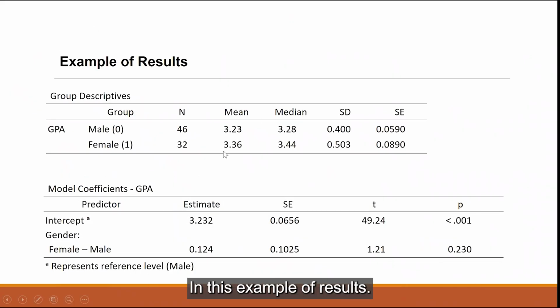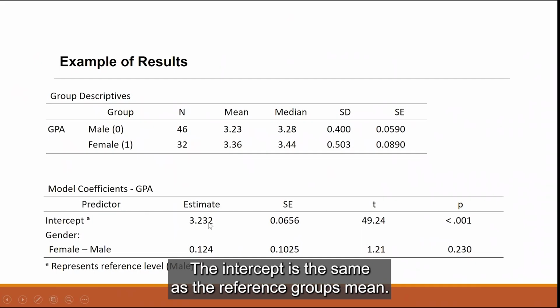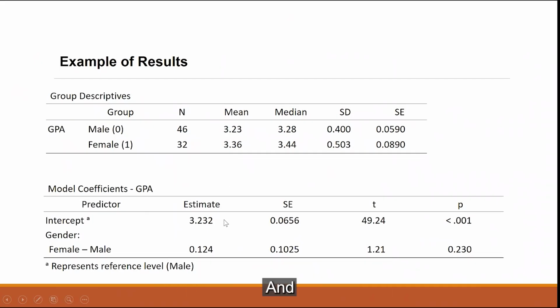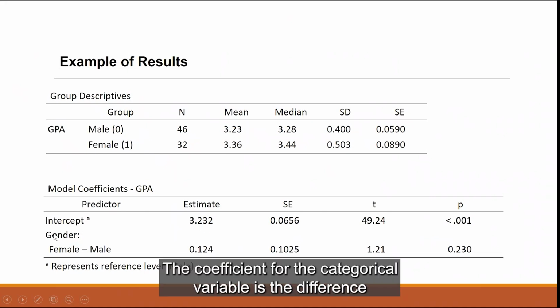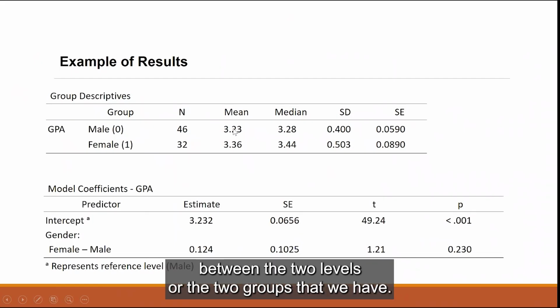In this example, we can see the descriptives here and we can see the results right here. The intercept is the same as the reference group's mean, and the coefficient for the categorical variable is the difference between the two levels or the two groups that we have.